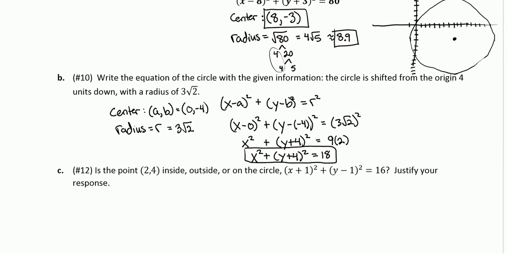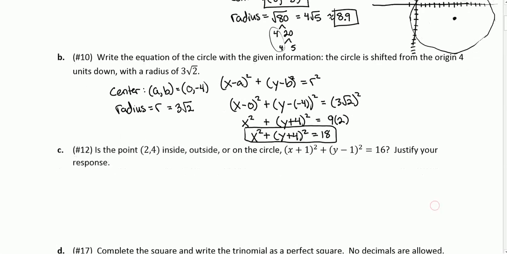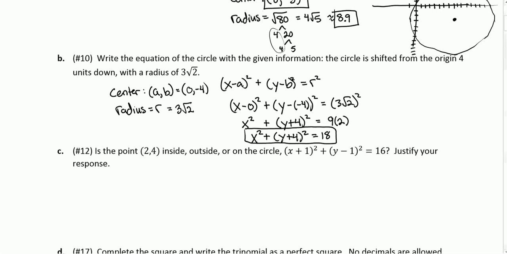Our next problem is taken from number 12 in our homework. And it's asking, is the point 2, 4 inside, outside, or on the circle (x plus 1) squared plus (y minus 1) squared equals 16. So from the equation we can see that the center is going to be at negative 1, 1.